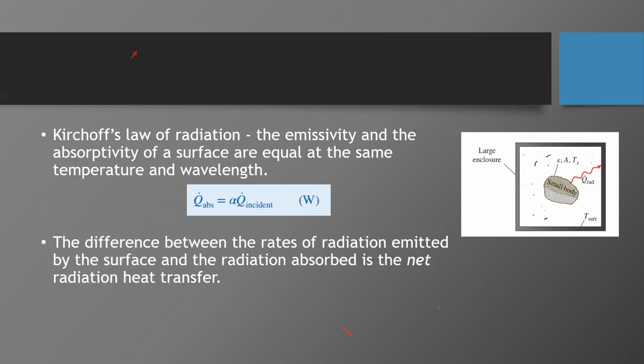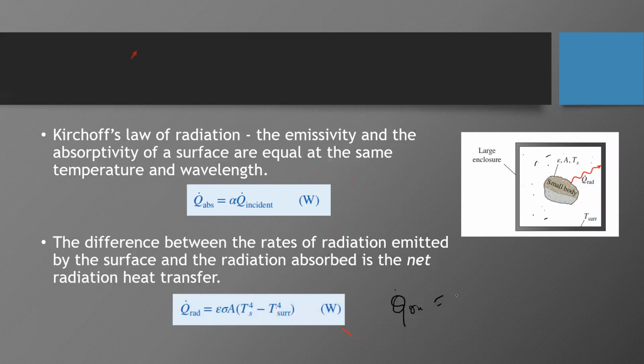So the radiation heat will be sigma, epsilon also there, that is emissivity, sigma A. For the small body, radiation is T surface to the power 4 minus T surrounding to the power 4, right?